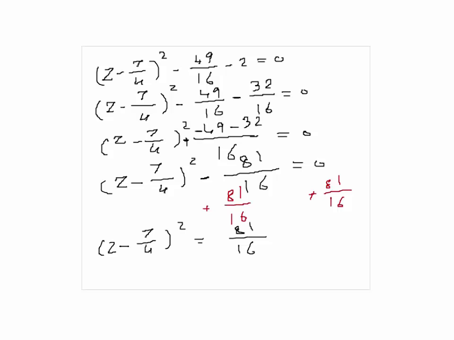This is what we had in question number 5. So we are going to take the square root of both sides. The square root of whatever is on the left side gives me z minus 7 over 4 equals plus or minus the square root of 81, which is 9, over the square root of 16, which is 4.